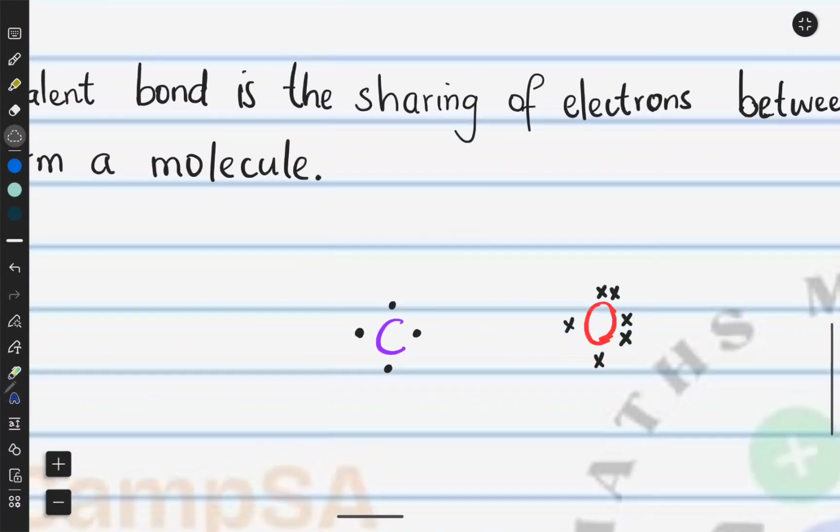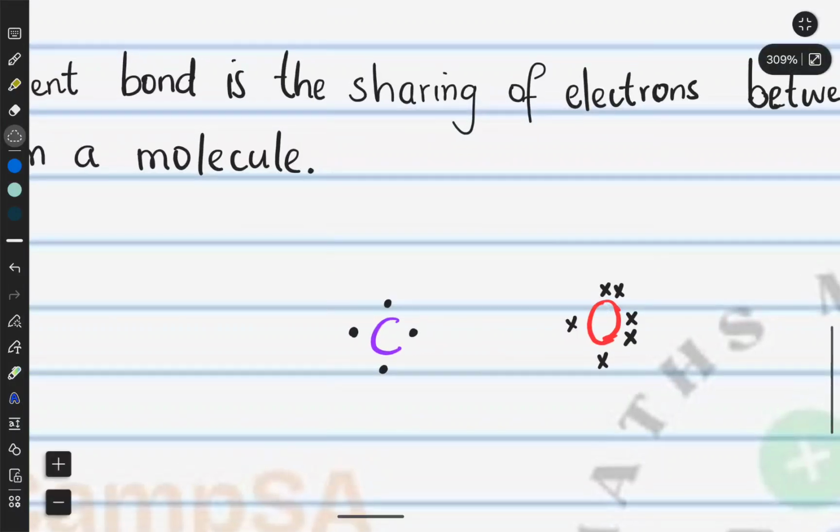So now remember, the main aim why these atoms are trying to share is that what they're trying to achieve is a valency of 8. So the octet rule. So what's happening is in their outer shell, they want to maintain 8 electrons.